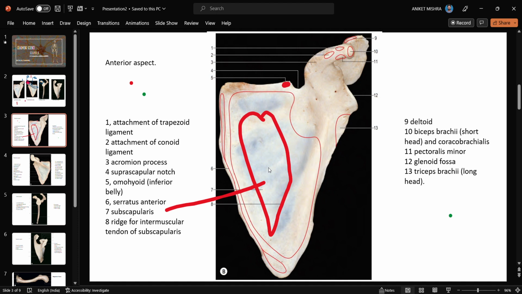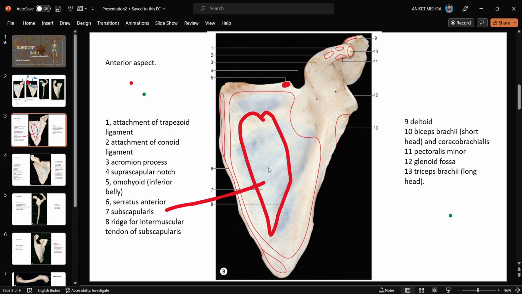When we are going to talk about the omohyoid muscle, then we will see that it is originating from a bit of the supraglenoid tubercle. Supraglenoid tubercle is a little where it arises from.